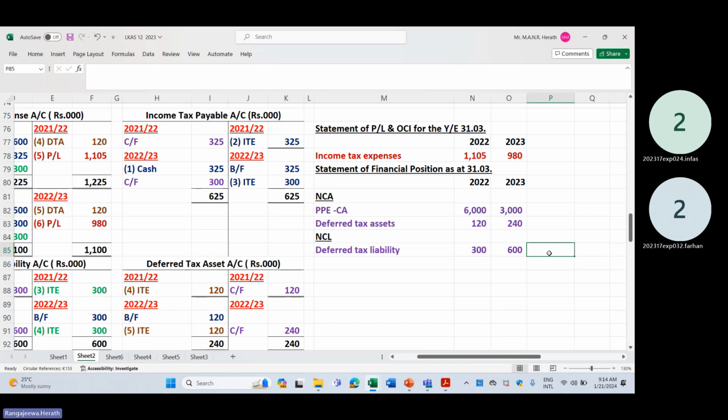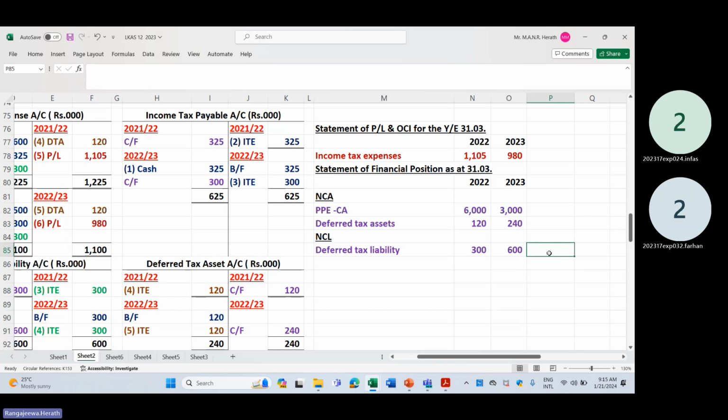When you calculate the deferred tax asset and liability year-end balance by multiplying taxable temporary difference into tax rate, deductible temporary difference into tax rate, you can identify whether the tax liability increases or decreases. The corresponding other entry always goes to the income tax expense account. If you are debiting or crediting anything to the deferred tax liability account and deferred tax asset account, the other corresponding entry should always go to the income tax expense account.